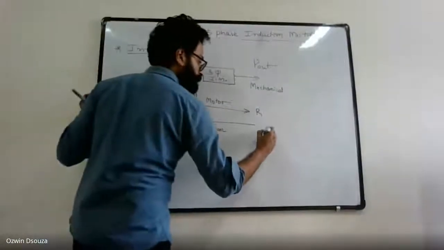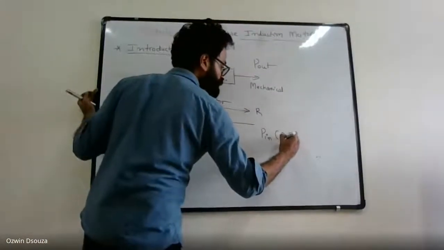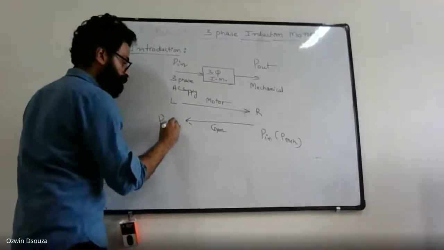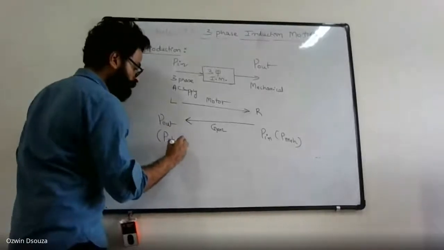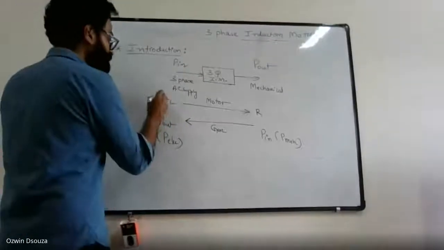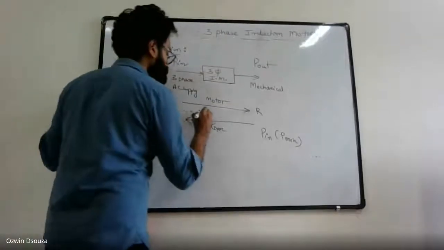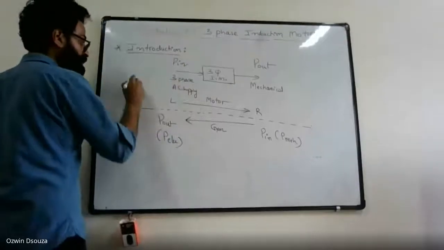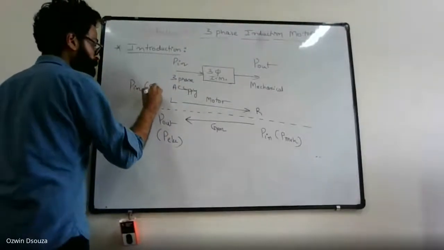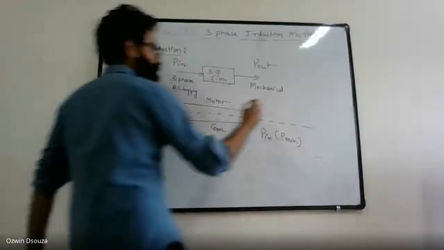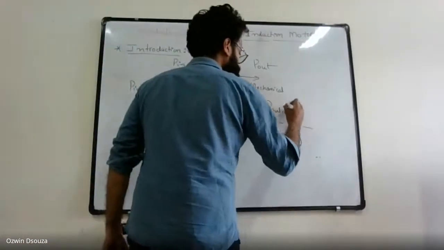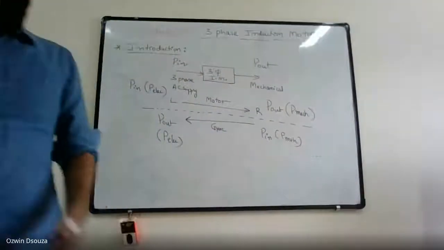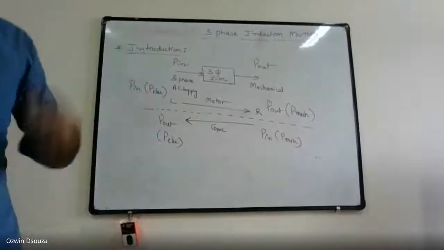If P in is P mechanical, your P out is going to be P electric. On the other hand, if your power input is electrical, then your power output is going to be mechanical.